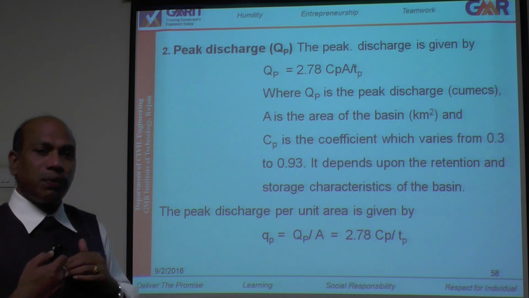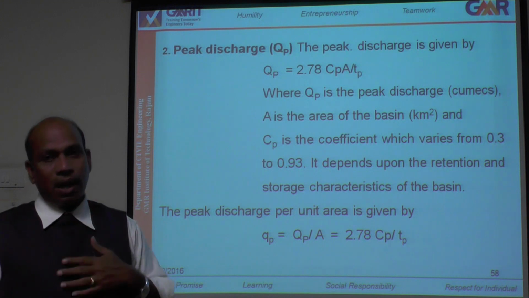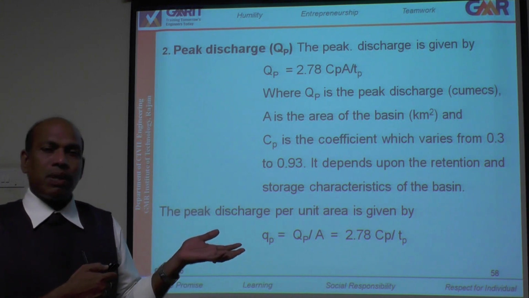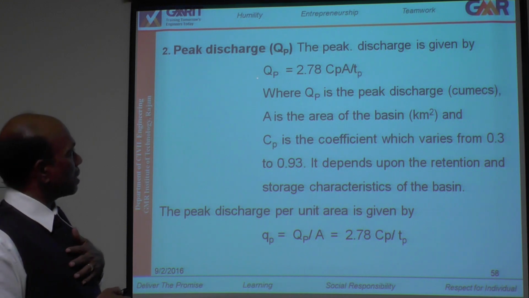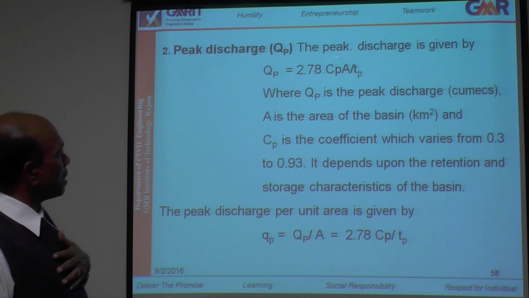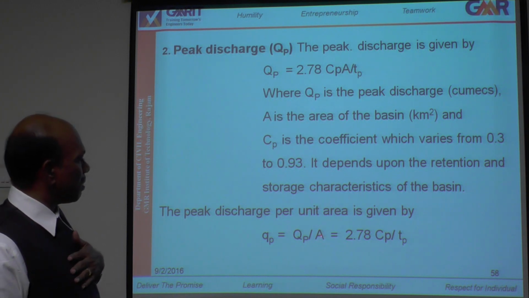Vamsadhara river has a different Cp value, Nagavali river has a different Cp value, and Krishna river also has a different Cp value. This is the formula, and this is also the total discharge per unit area: discharge per unit area equals total discharge divided by A.